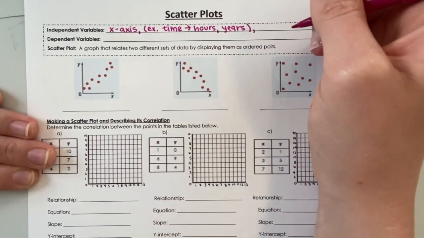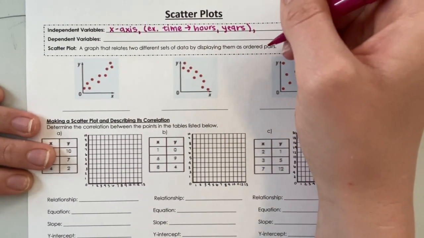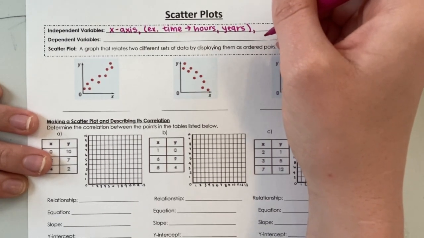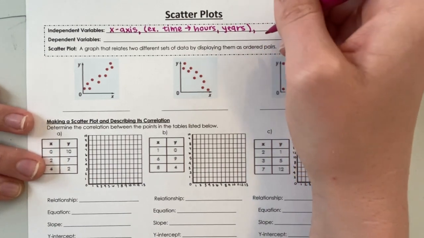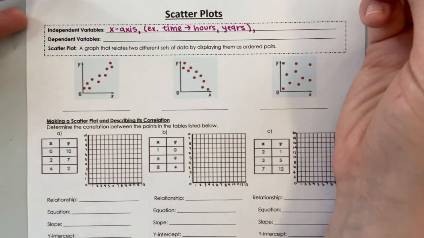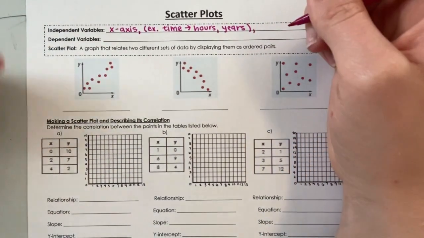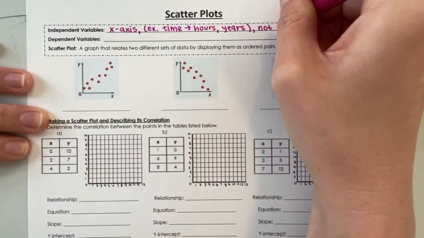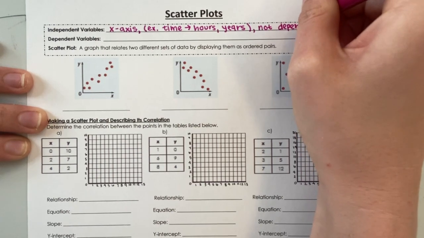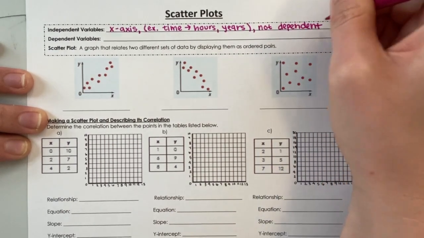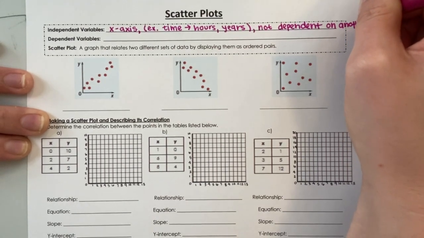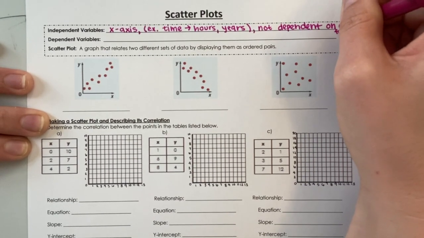This is the variable that is going to change on its own and not be influenced by anything else. It is just independent. It is not dependent on anything else, on another factor.